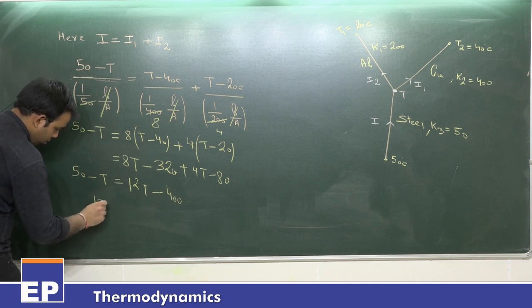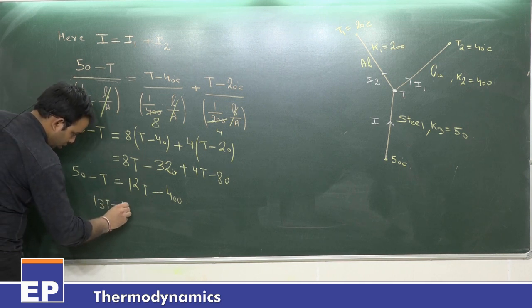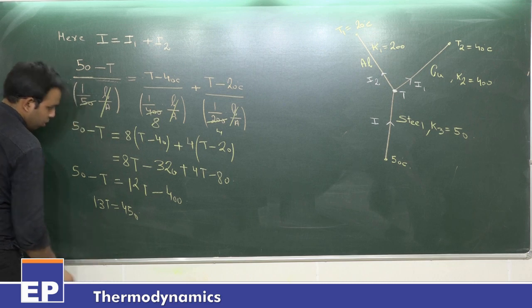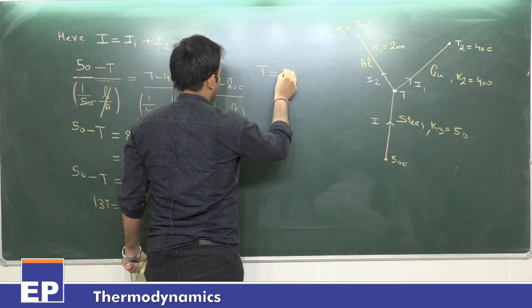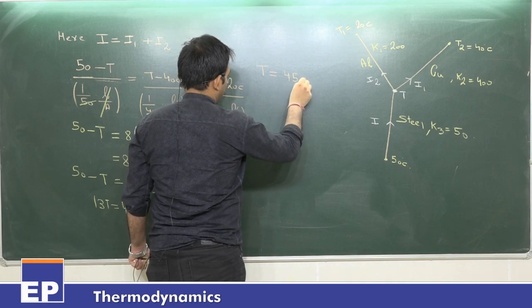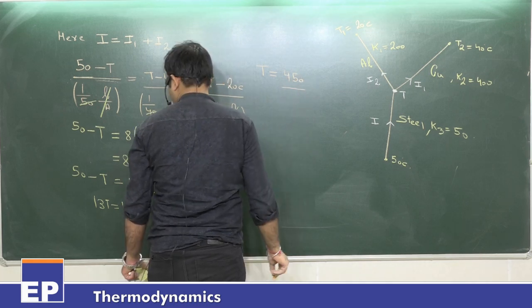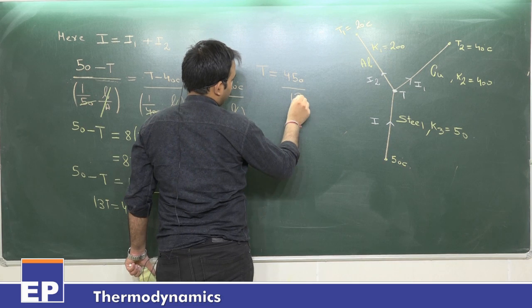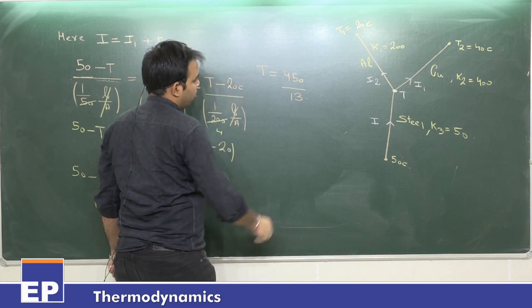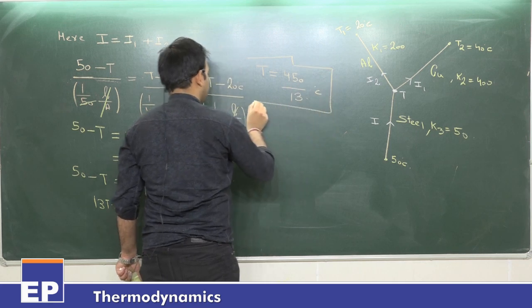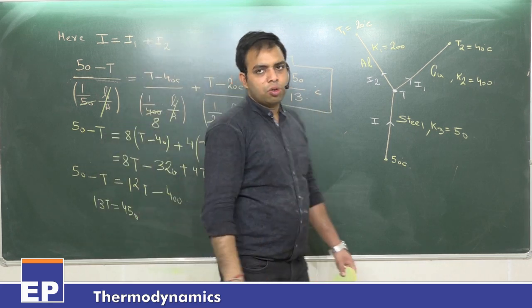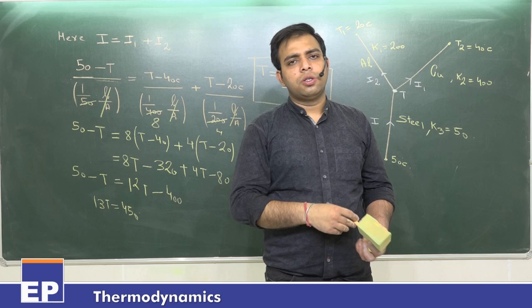So 13t is equal to what? 450. So what is t? 450 by 13. That is the point. 450 by 13 degree Celsius. Right? So it is 450 by 13 degree Celsius.